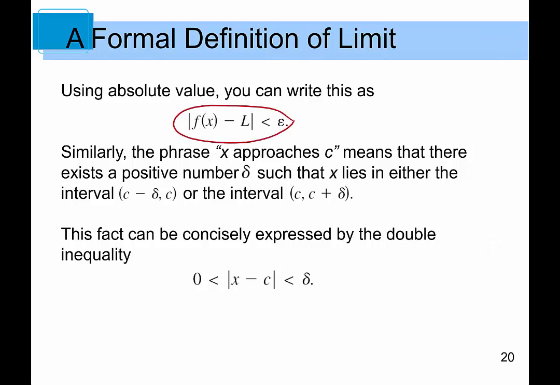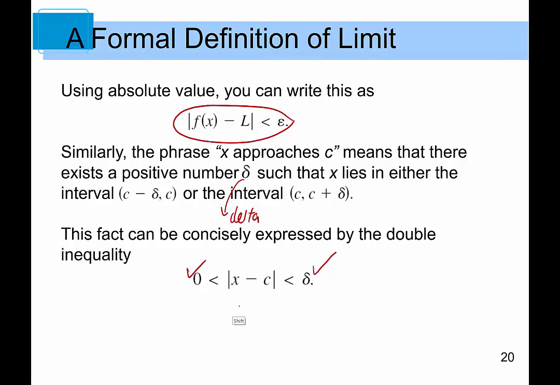The phrase x approaches c means that there exists a positive number delta such that x lies in either the interval c minus delta comma c or in the interval c comma c plus delta. And that could be concisely expressed by the double inequality, meaning absolute value of x minus c is greater than 0, less than delta.